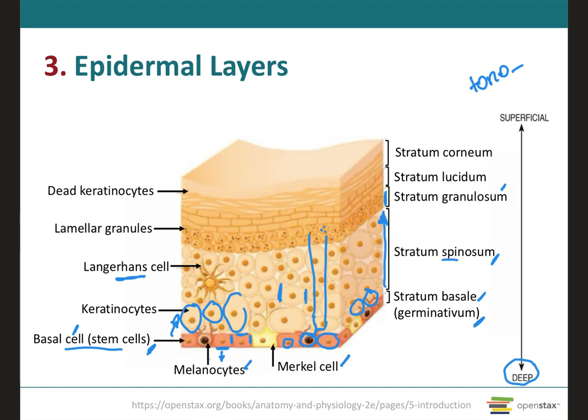Therefore, the nuclei and other organelles of these keratinocytes present in the stratum granulosum are going to begin to degenerate as they have moved farther away from the source of nutrition, which are the blood vessels present in the dermis.